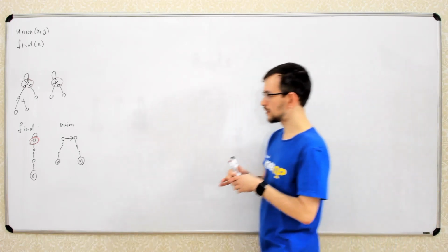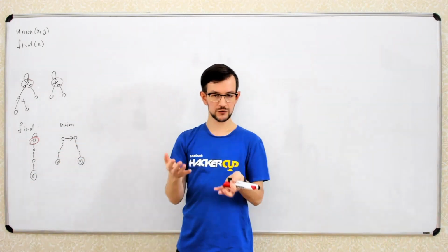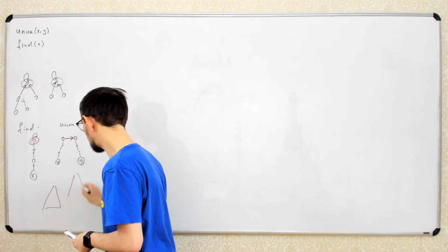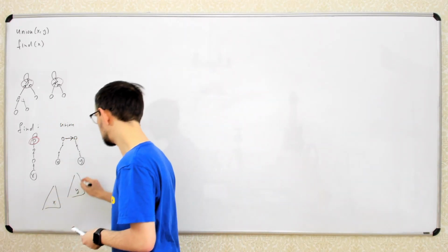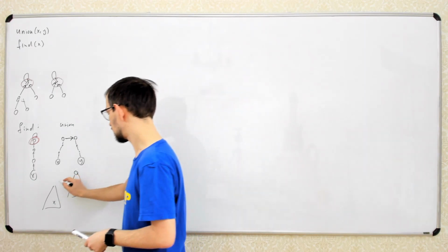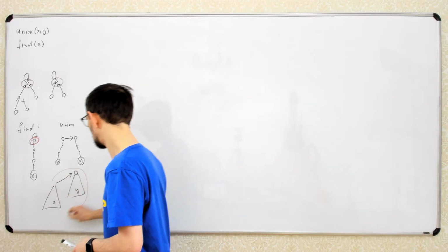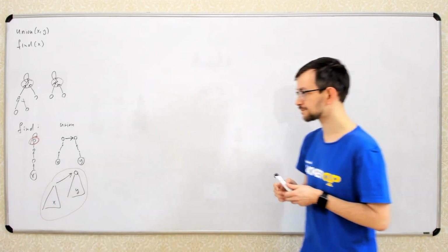Now these two trees combine into one big tree, right? You have x here, you have y here. You follow the path to the root, then you make this link. Now you have one big tree, right?